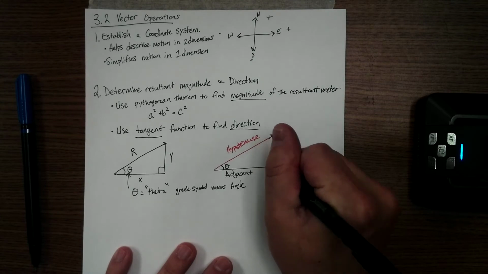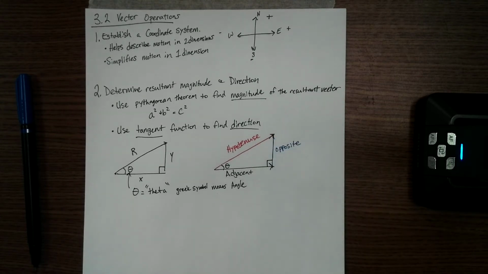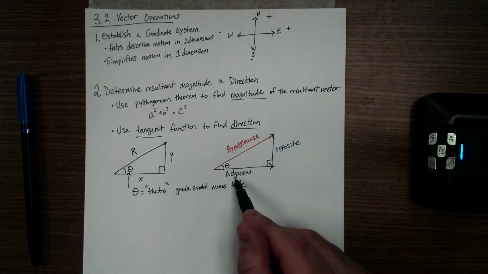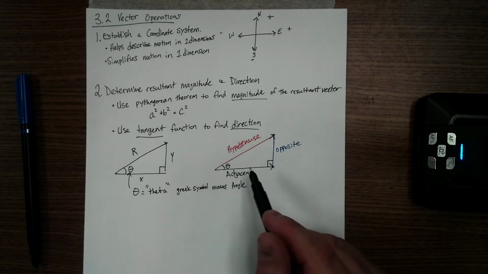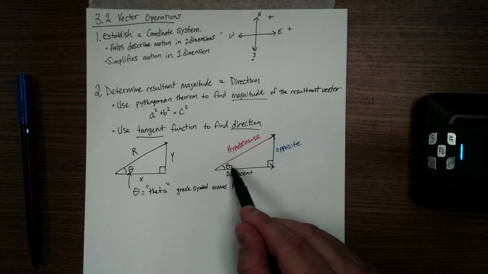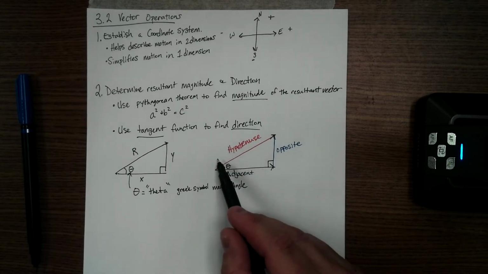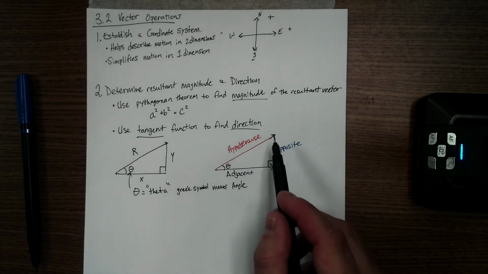Okay? This for sure you've seen in geometry and trig, hopefully, that you have your angle here. This is your adjacent side because it is next to the angle. It's adjacent to the angle. You have your opposite side because this is the opposite side of your angle. And then you have the hypotenuse, the longest length of your triangle.